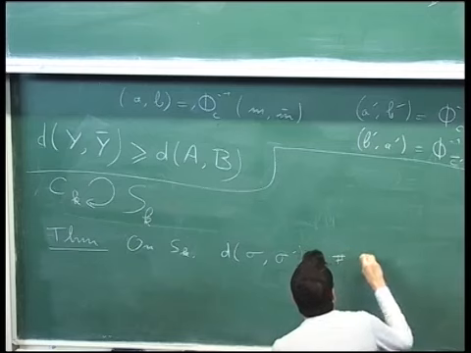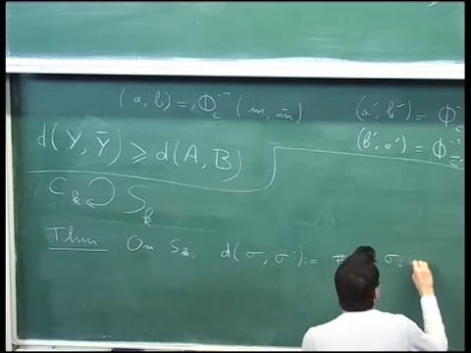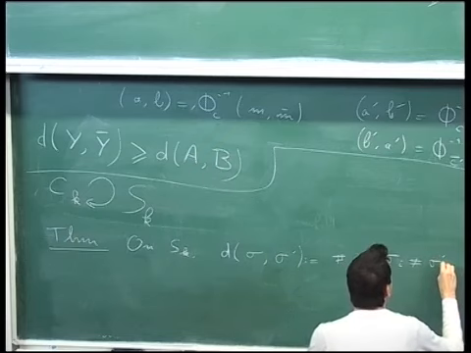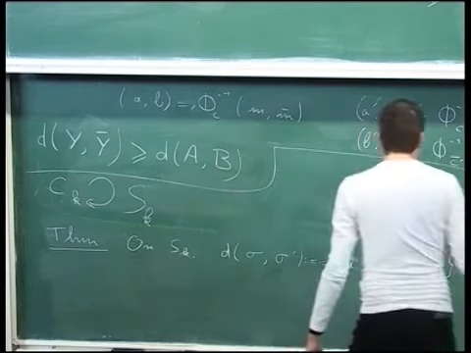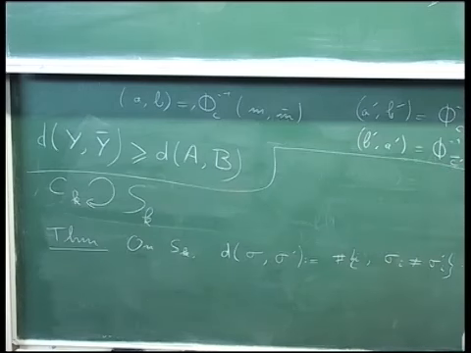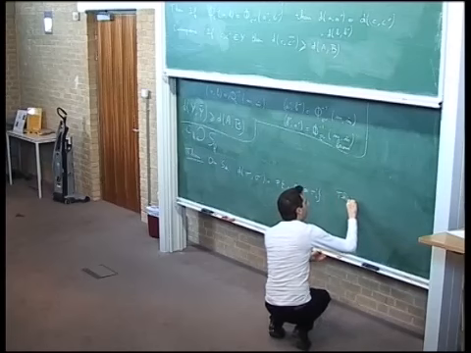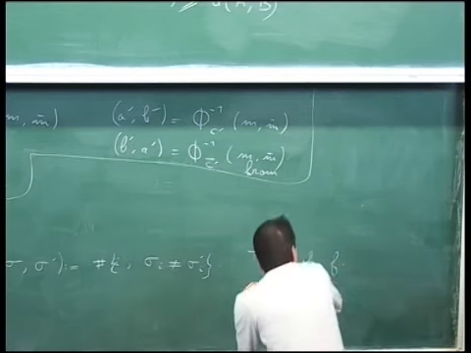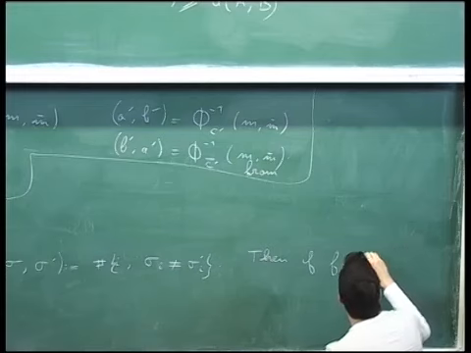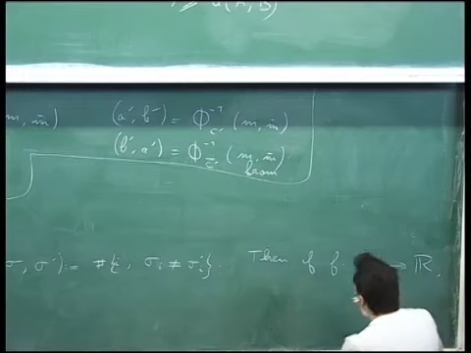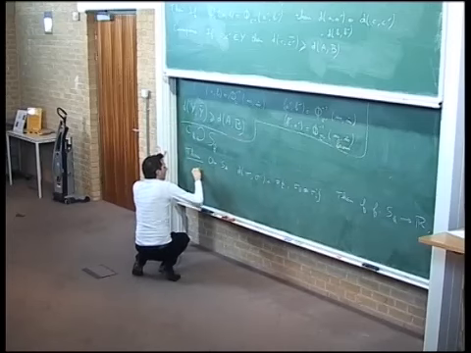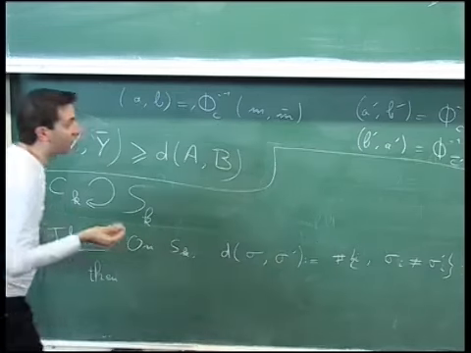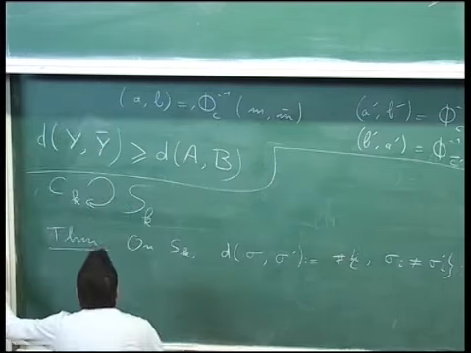So it's the number of i such that sigma i is not equal to sigma prime i. Then you have concentration of measure in the sense that if f is a 1-Lipschitz function from Sk to R, then this function is almost constant, as in yesterday's talk.